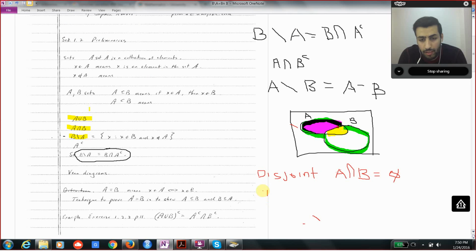So we'll say theorem: we can rewrite A as the union of two sets. The first is A intersection B, union A intersection B complement.